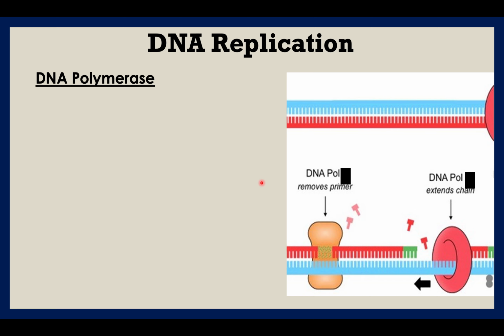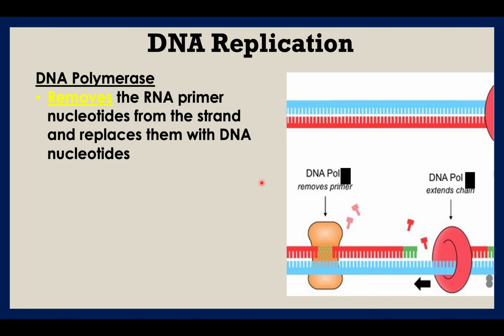DNA replication, the DNA polymerase. DNA polymerase actually has more than one function. It does not have to only synthesize from 5' to 3'. It can actually fix mistakes as well. It can do it with something that we call exonuclease activity.